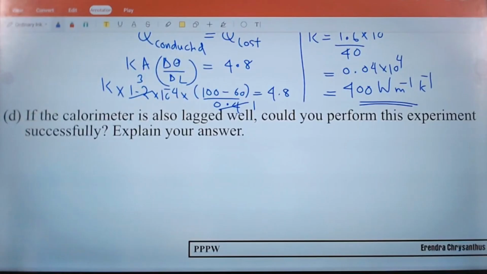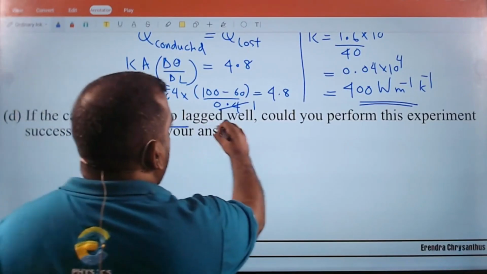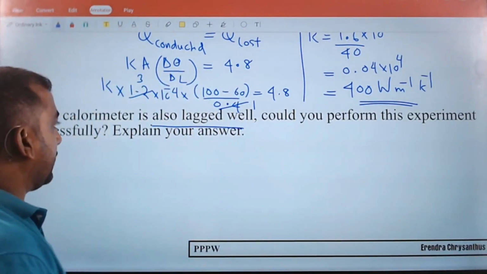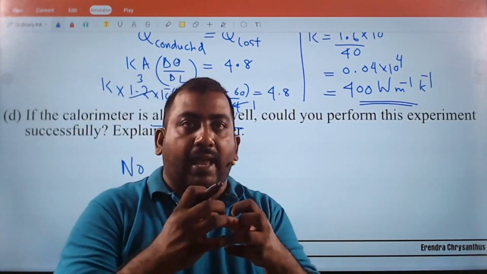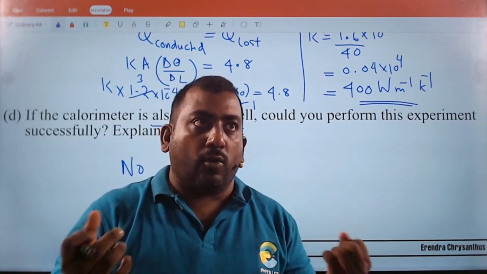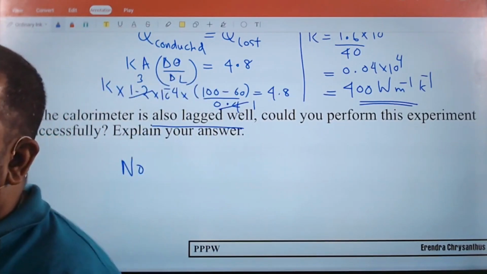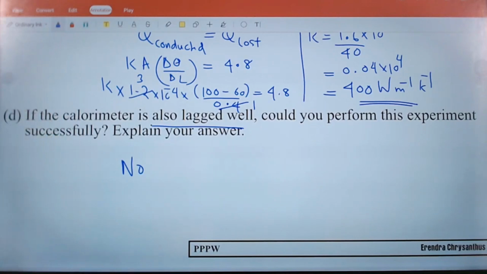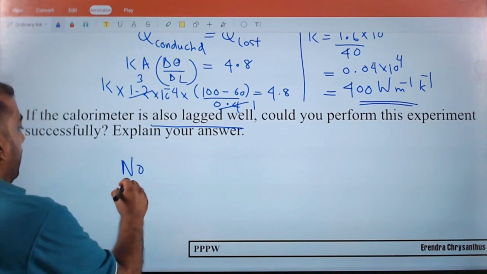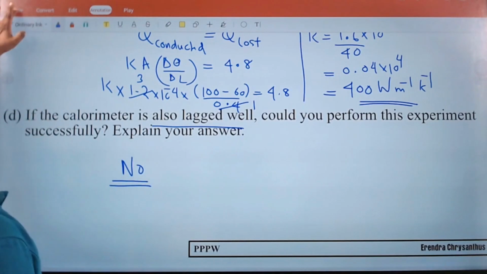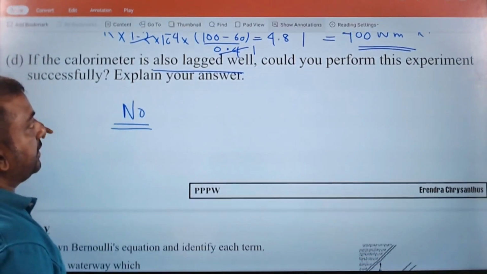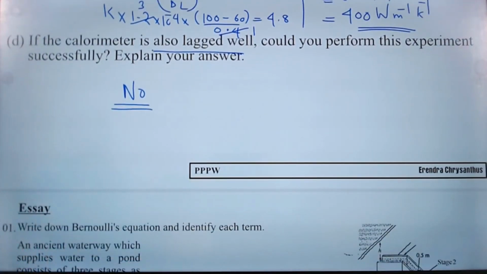If the calorimeter is also lagged, could you perform this experiment successfully? Answer is no. Why is that? If it's lagged, there is no heat loss to the environment. No heat loss to the environment means steady state cannot be reached. Answer is no. Reason: there will be no heat loss to the environment.